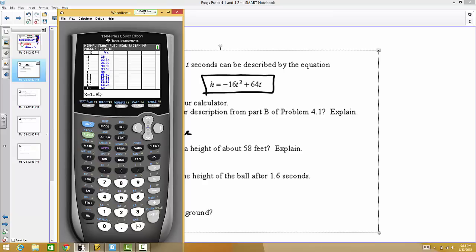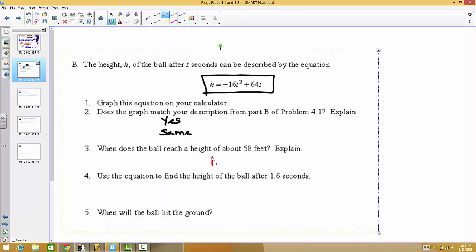Okay, so 1.4, that was a really great estimation. So 1.4, and that would match up with 2.6. And we looked at the table on the calculator.